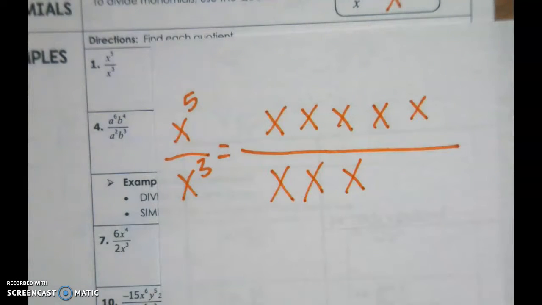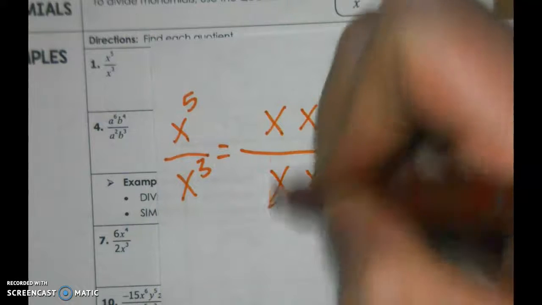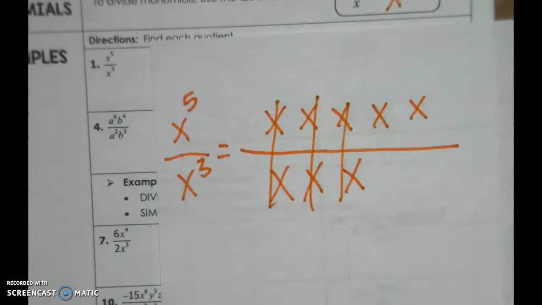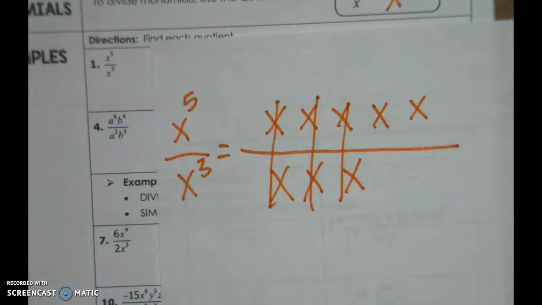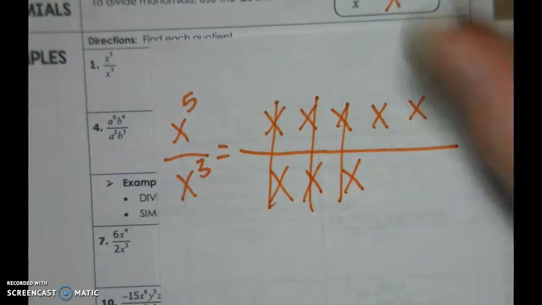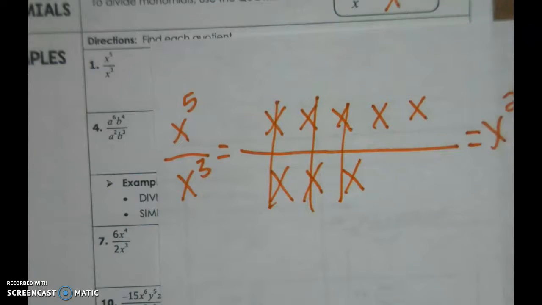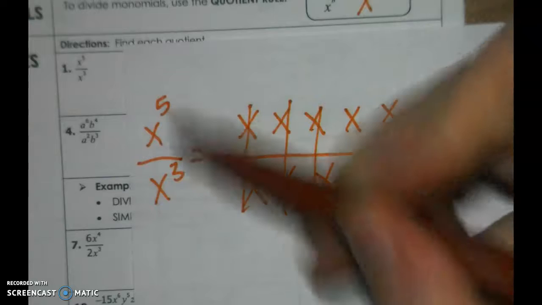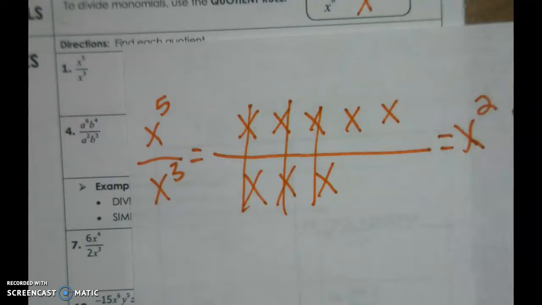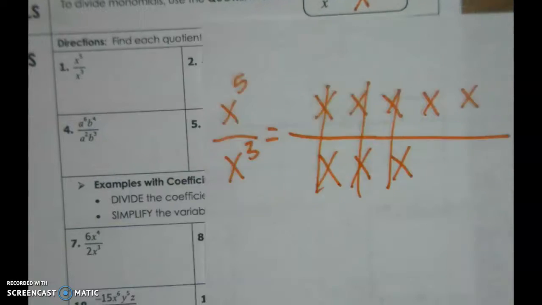These cancel out, and these cancel out. What are we left with? x squared over 1, which we don't need. So, x squared. If I had just taken 5 minus 3, I still also get that 2. So this one, x squared.